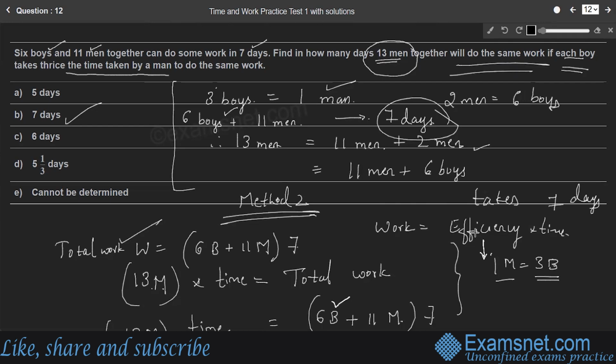So 6 boys and 11 men, this part is considered as their efficiency. How many people are working per unit time is called their efficiency in simple words. So using this concept, we are solving in method 2, we will get the same answer. So option B is the right answer.